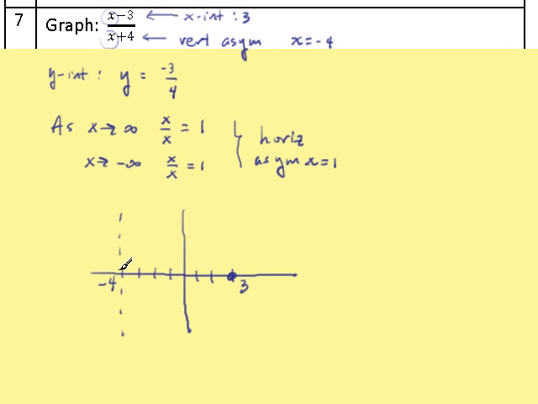If you want, you can also put an open circle here. Okay, let's also put in this horizontal asymptote at, sorry, this should be y equal 1. Horizontal asymptote at y equal 1. Here we go. That means the graph is going to flatten out.